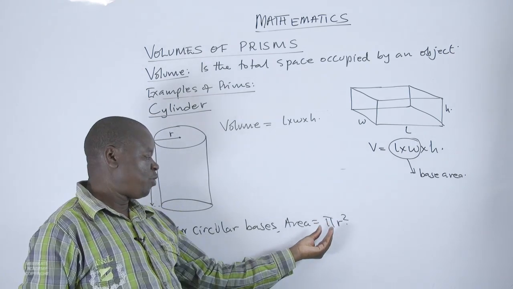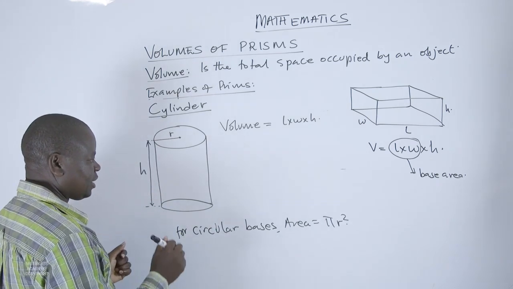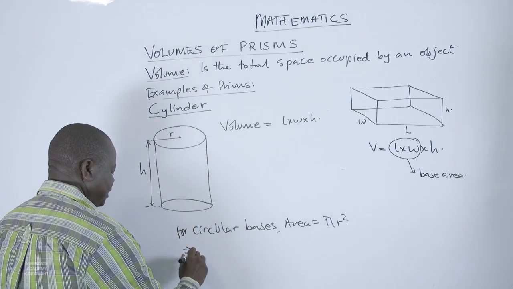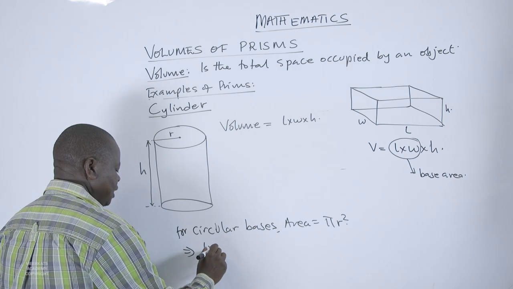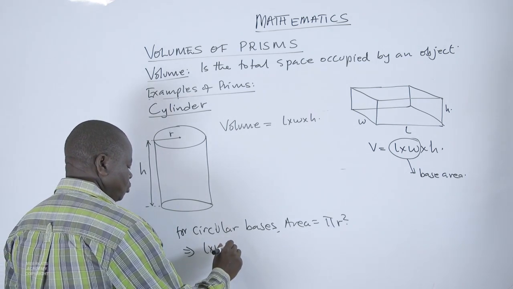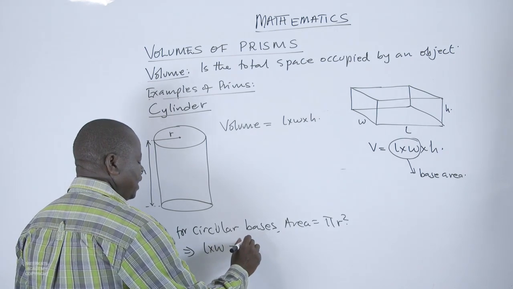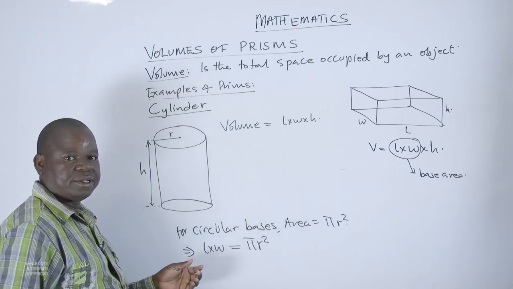Because it is a circle, area is equal to pi r squared. Because it is base area, length times width for a circle equals pi r squared.